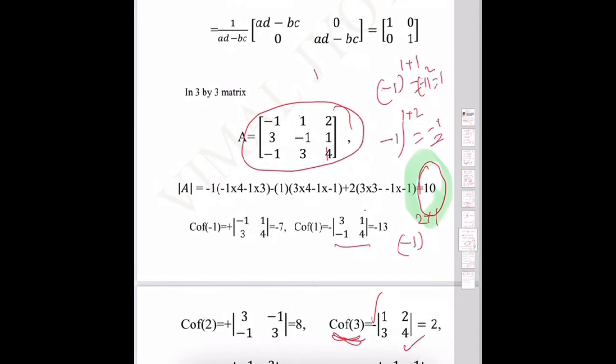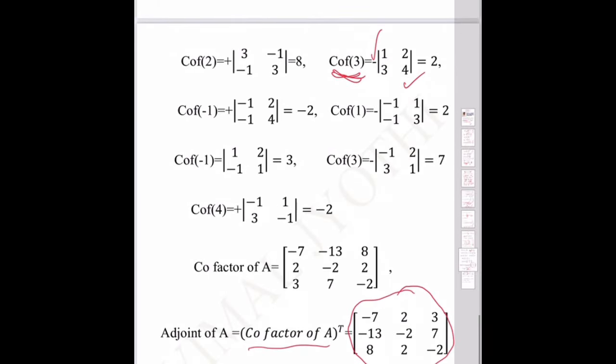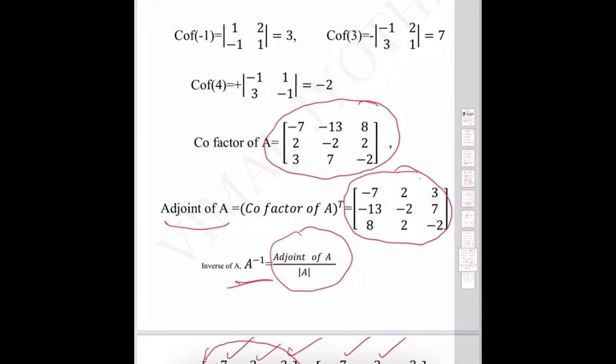Once more, suppose this is a given matrix A, then this is the determinant of A. Then signed minor is called cofactor of A. This is cofactor of A. Then transpose of cofactor of A is called adjoint of A. Then adjoint of A divided by determinant of A is equal to A inverse.